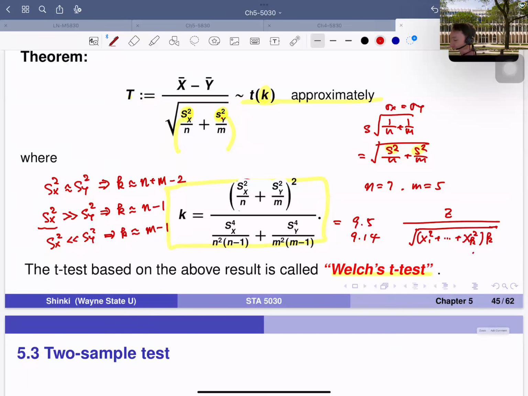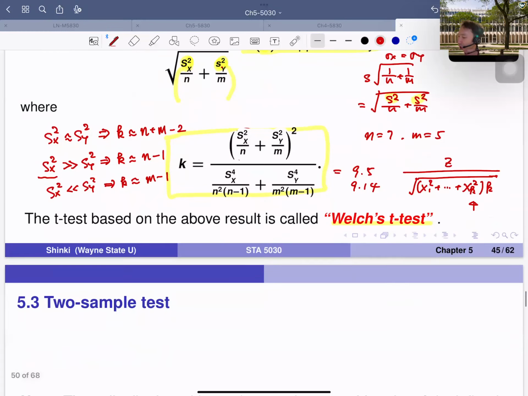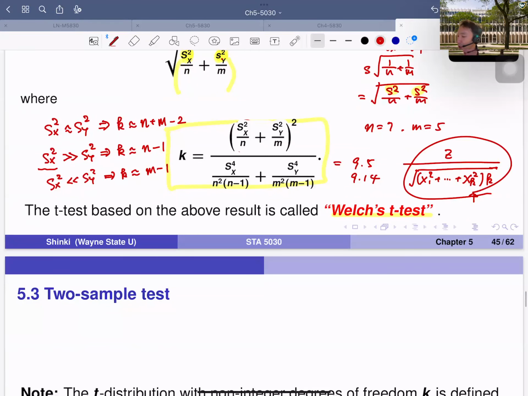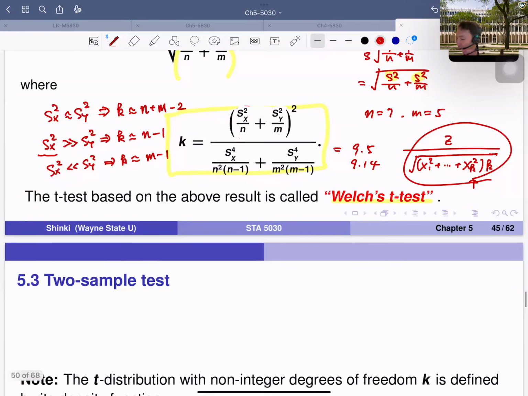But this k, of course, should be an integer. Otherwise we cannot define this. If k is 1.5, how do we define this? But actually, if you calculate the PDF of this function, the PDF is the probability density function, with a shape like this, and we write this equation as f sub k of t.